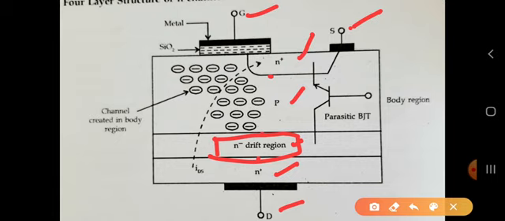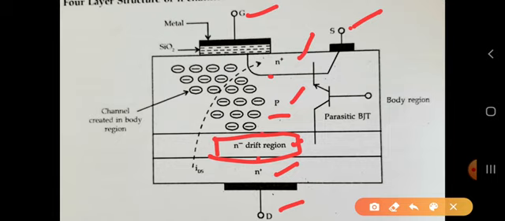Now you can see the doping again. N plus is heavily doped, and this P type layer is moderately doped. As I said in previous classes, moderately means it is not heavily doped or lightly doped, but in between both.